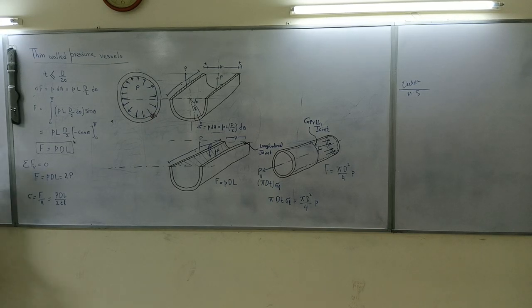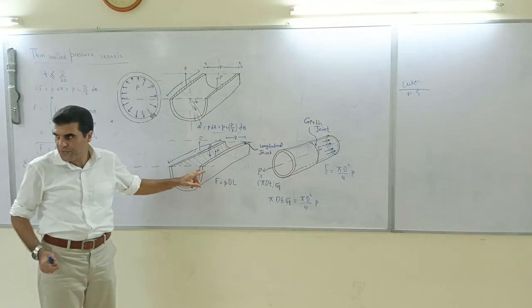So what we are saying is that stress is force by area. In this case, our force is equal to the total pressure, or the force which is resisted by both the walls.